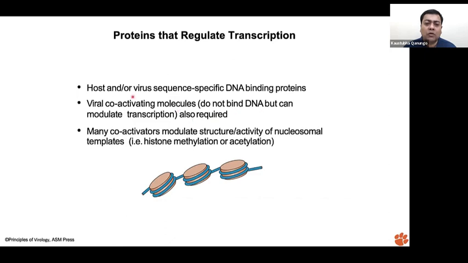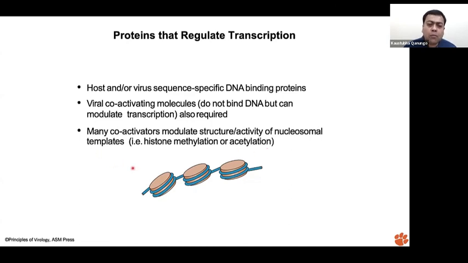And we will actually see some of these coactivating molecules which will bind to some of the DNA binding proteins, on the other hand, not specifically directly to the DNA, that modulate transcription. And many coactivators also modulate the structural activity of nucleosomal templates, histone methylation or acetylation.